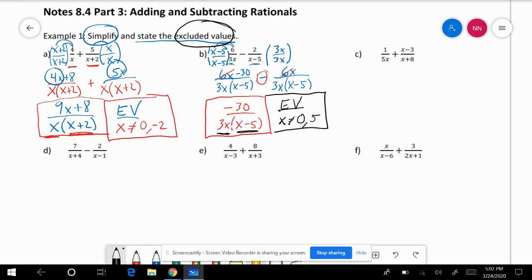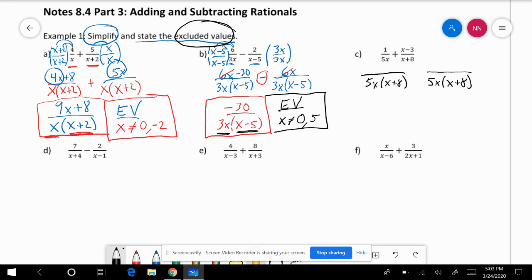Now, if we're looking at letter C, once again, we're going to do the same process. We're going to look for a common denominator, and once again, that's going to be the product of the two. So we have 5x and we have x plus 8.